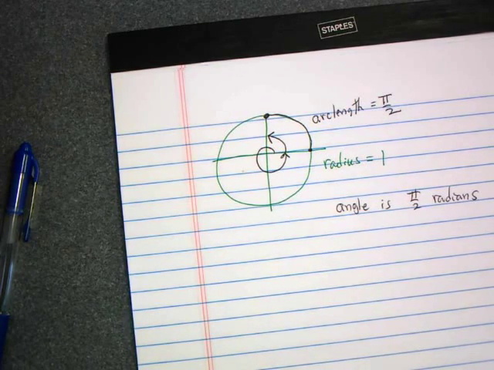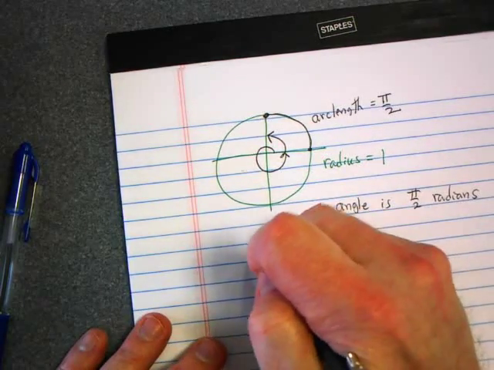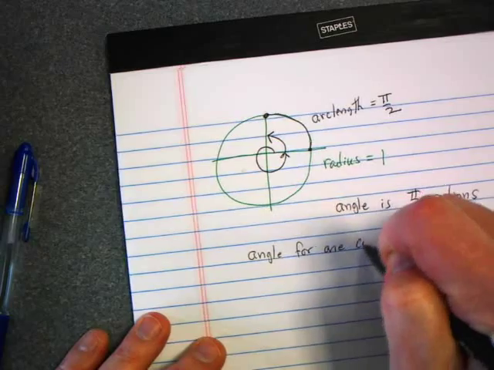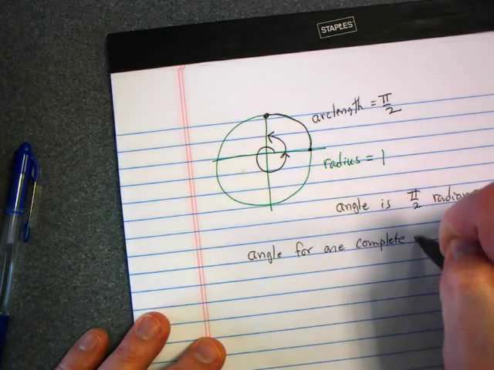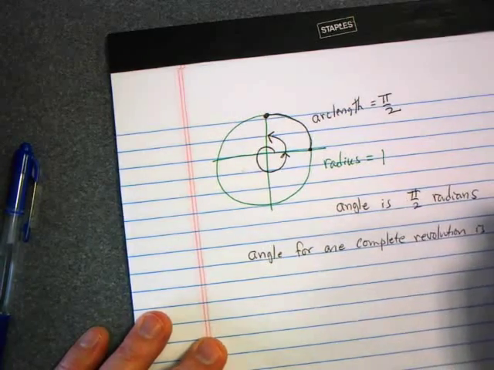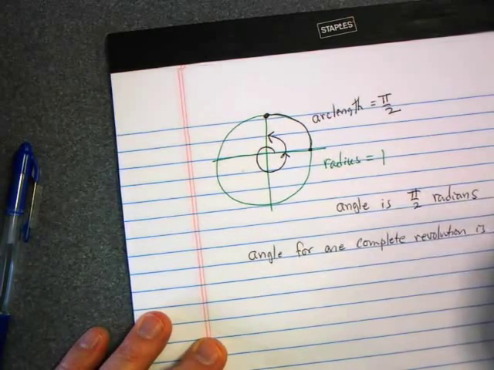So what's the angle for going all the way around a circle? In radians, it is 2 pi. So the angle for 1 complete revolution is 2 pi radians.